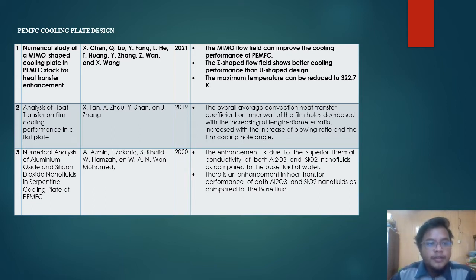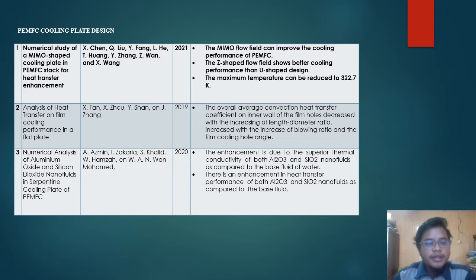the numerical study of the MIMO-shaped cooling plate in the PEMFC stack. The MIMO flow field can improve the cooling performance of PEMFC. The Z-shaped flow field shows better cooling, and the maximum temperature can be reduced to 322.7 Kelvin.